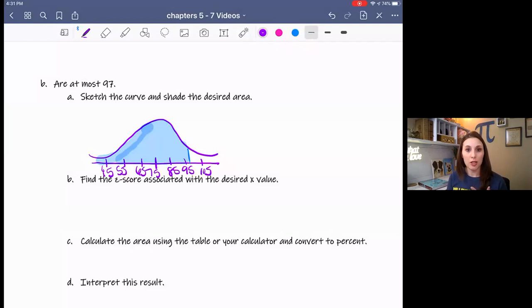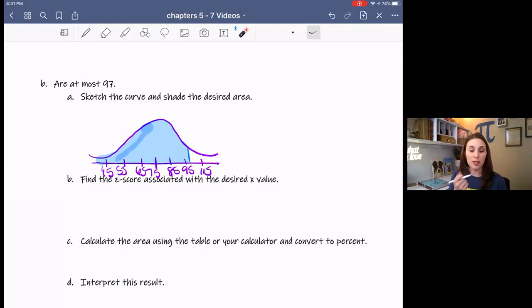The key phrase here is at most 97. So that's the largest number it can be, which indicates I sketched 97 to be about here, and then that would mean that we want stuff smaller than it, all the way to 97.